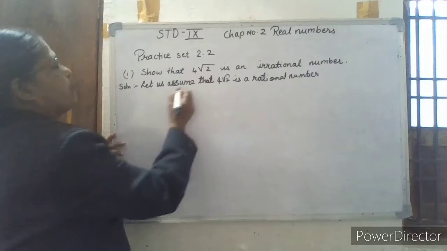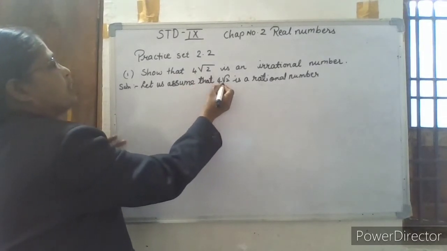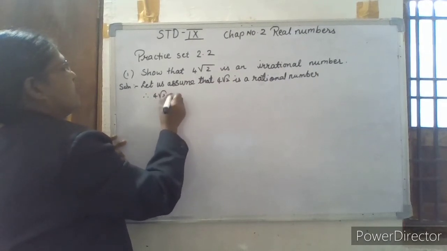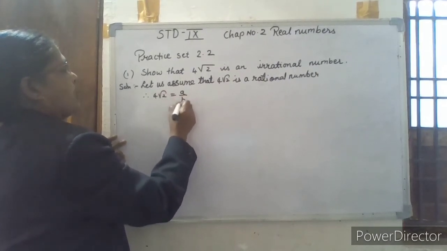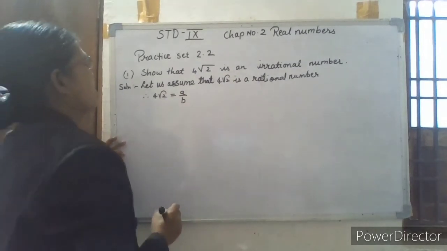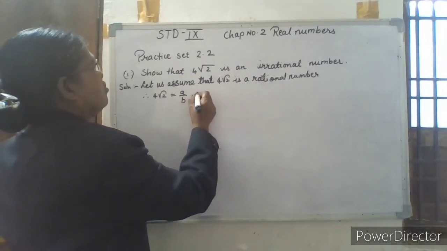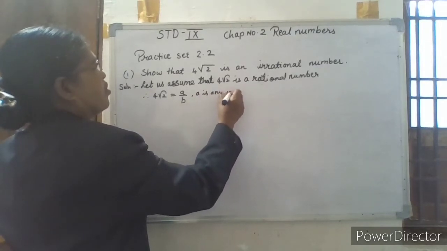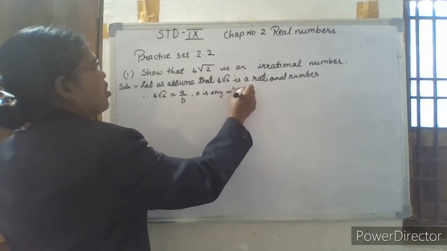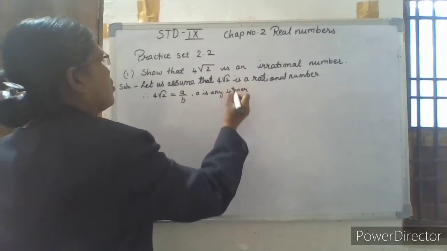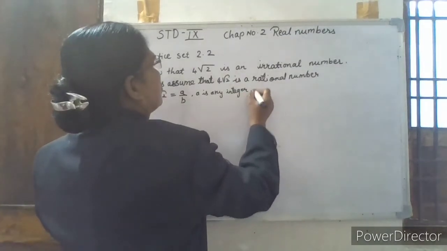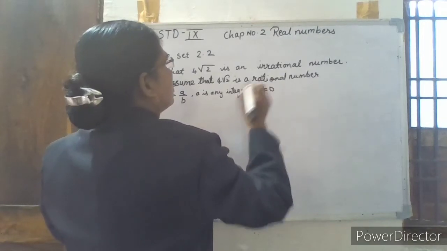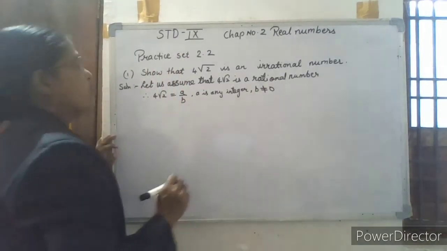Now, when it is a rational number, therefore 4 root of 2 is equal to a by b. Let us take a by b as a rational number where a is any integer, but b is not equal to 0. It should not be equal to 0.